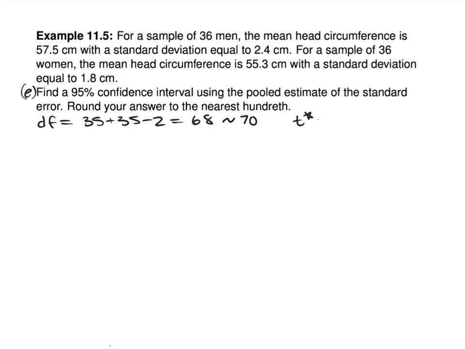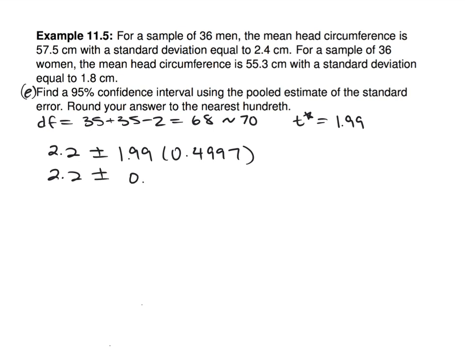The t star corresponding to that is 1.99. So our interval here is 2.2 plus or minus 1.99 times 0.4997, which is about 2.2 plus or minus 0.99, or 1.21 to 3.19.